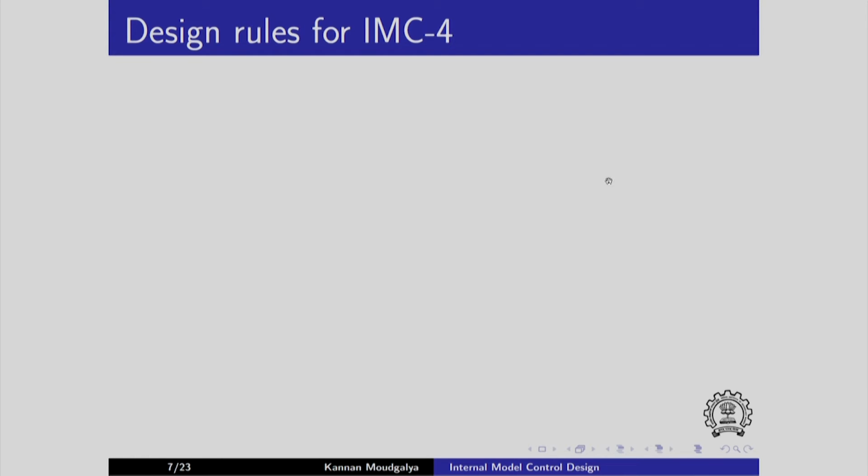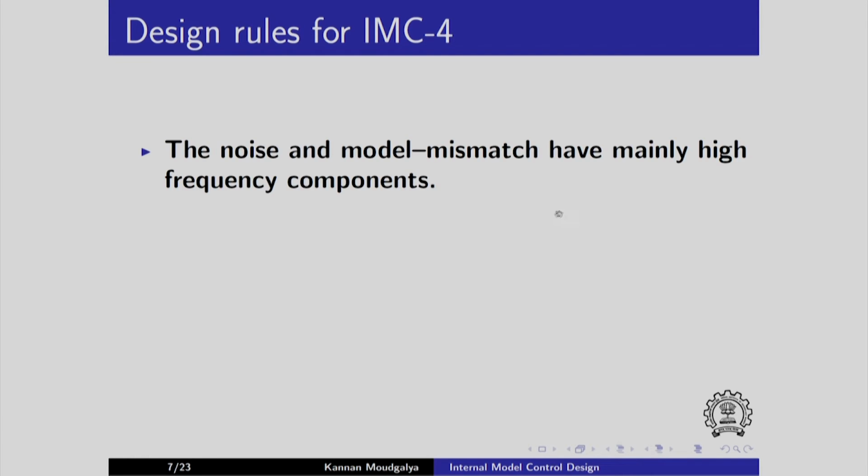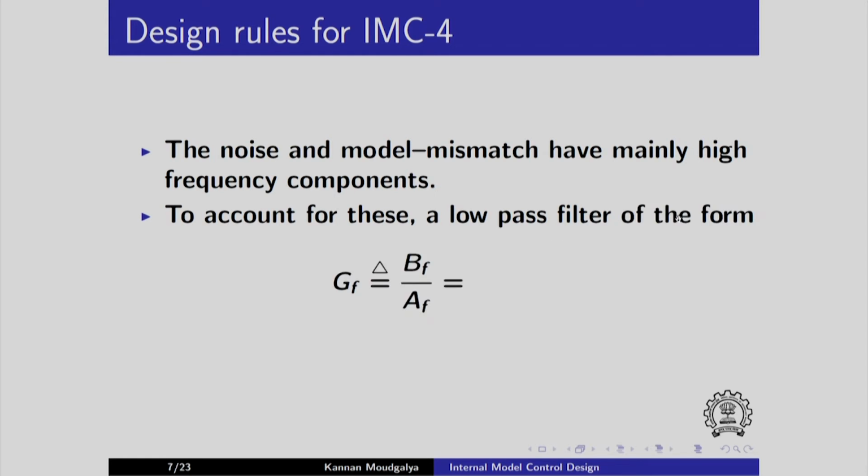And there is one more rule. The noise and model mismatch have mainly high frequency components. To account for these, a low pass filter of the form BF by AF, which can be given in the form of 1 minus alpha by 1 minus alpha z inverse, where alpha is in the range 0 to 1.